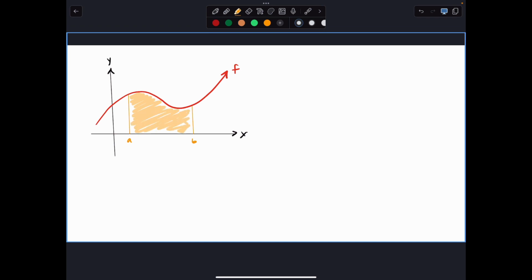How would we do that? Yeah, we would integrate. We would just integrate from A to B f of x.